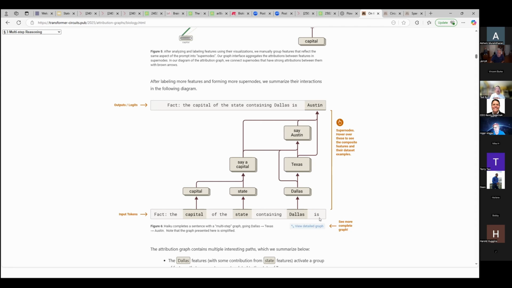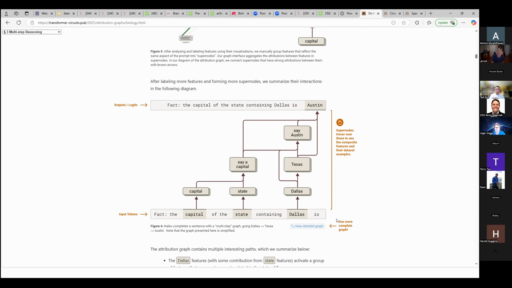And so in terms of the stochastic parrots argument, you could say that there's just enough probability associated with it that the model has seen enough sentences that it can go straight from Dallas to Austin. That's one plausible way in which the next token is predicted.